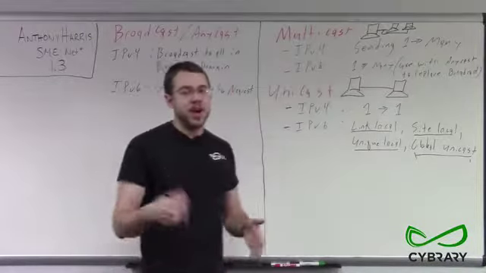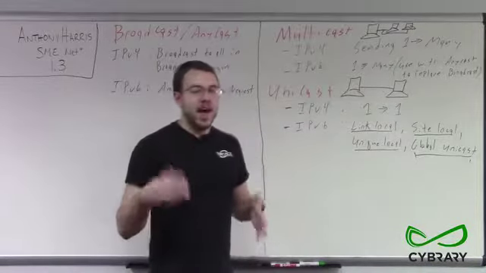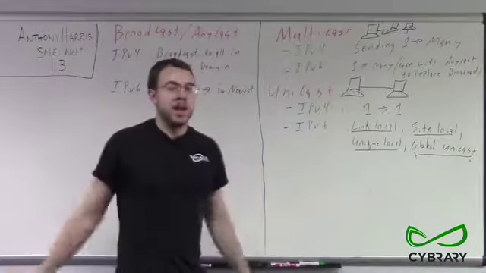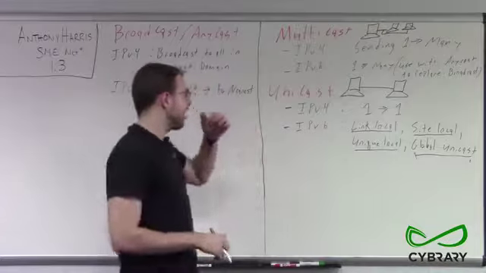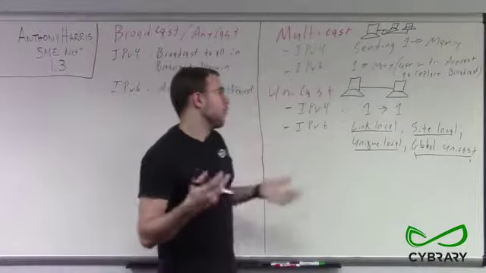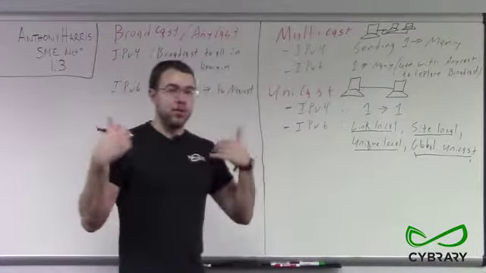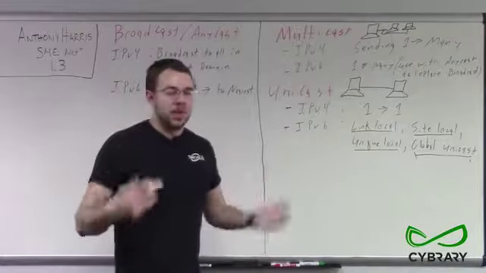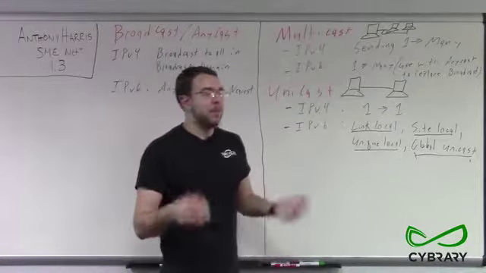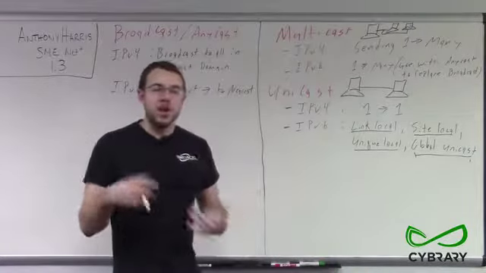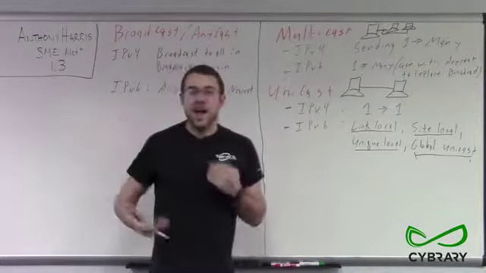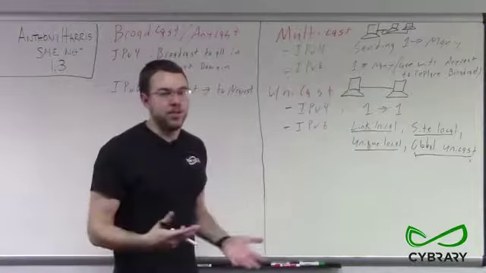Now IPv6 does not have broadcast. It does not have one to everybody. It doesn't have that broadcast mentality, but it does have multicast groups, which are used in place of broadcast. IPv6 replaces broadcast with a combination of multicast and anycast addresses, which we'll talk about in just a second.